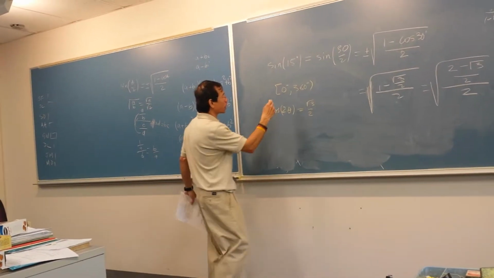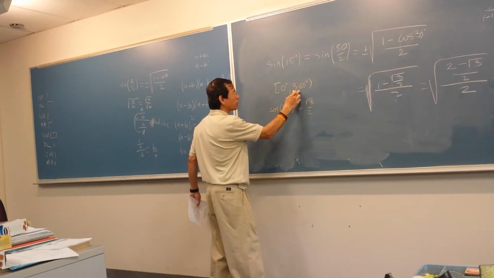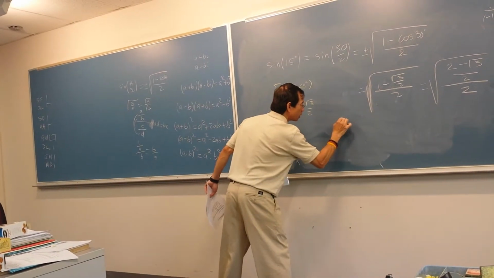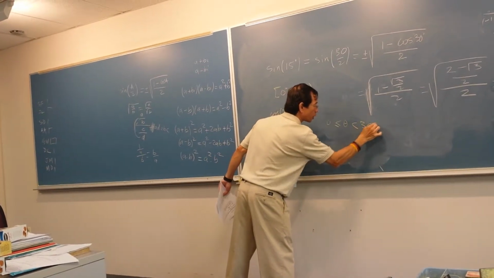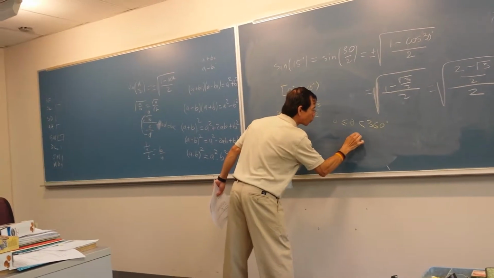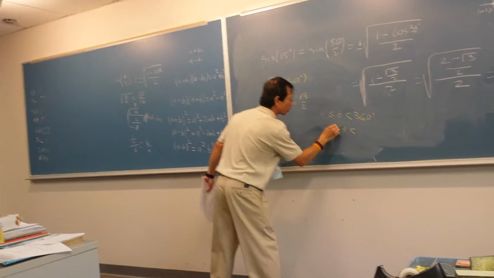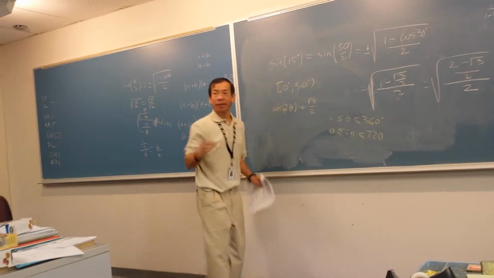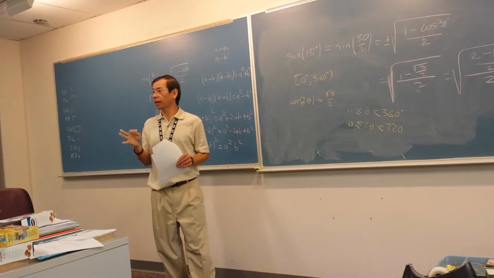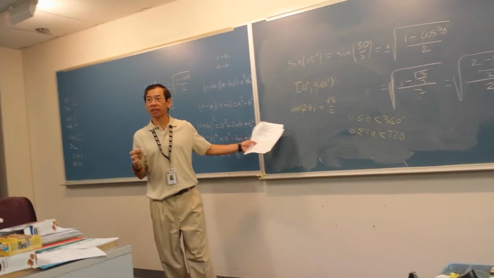Now, if theta is between 0 and 360 degrees, then 2 theta will be between 0 and 720 degrees. That's the key thing. That's very important, right? This is a double angle now.